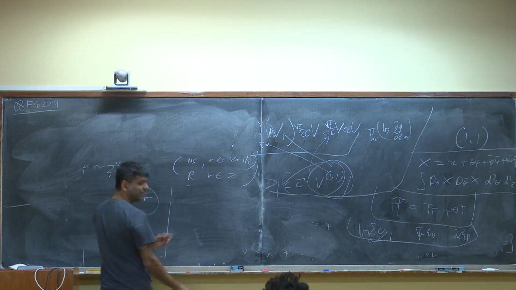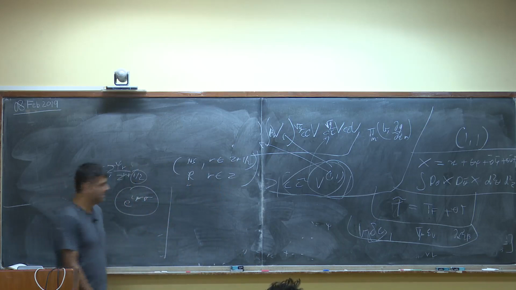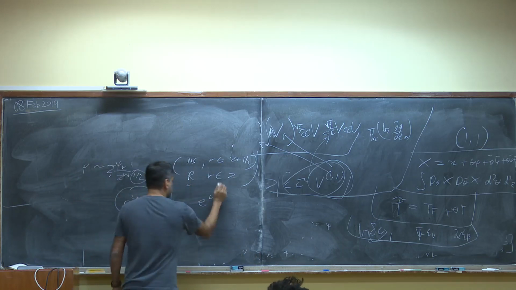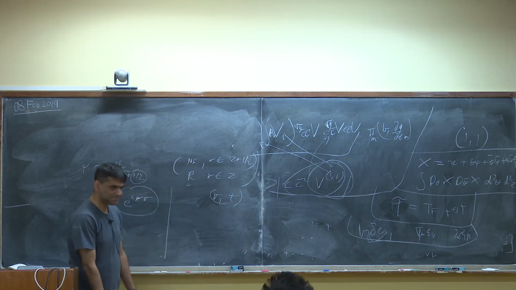Okay, so first let's remember what the conformal transformation from the plane to the cylinder was. Suppose sigma and t are cylinder coordinates.